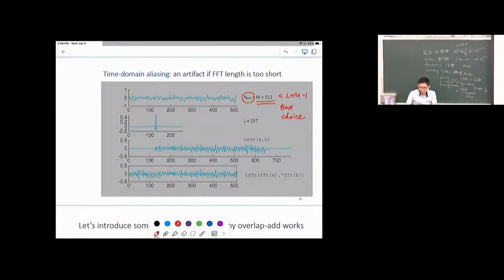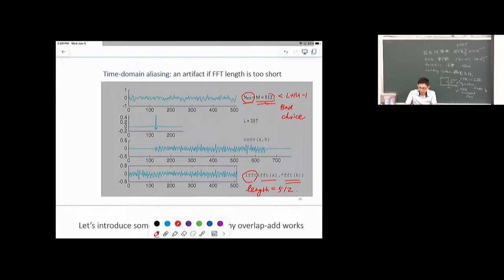Because if the length of FFT is too small, then when we perform the FFT of x times the FFT of h and the inverse FFT, the output length is equal to 512. But that's not enough to describe the correct output, because the correct output has a length of L plus m minus 1.